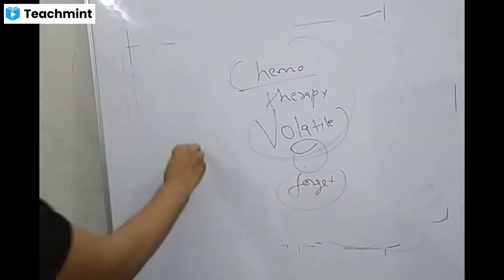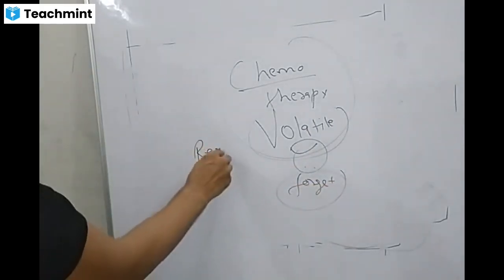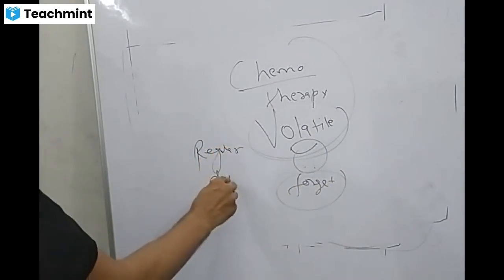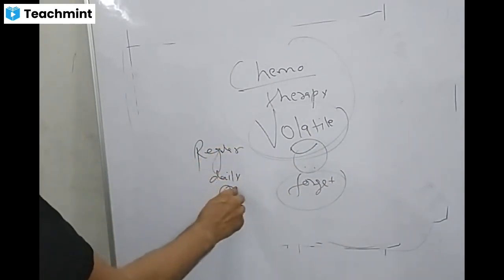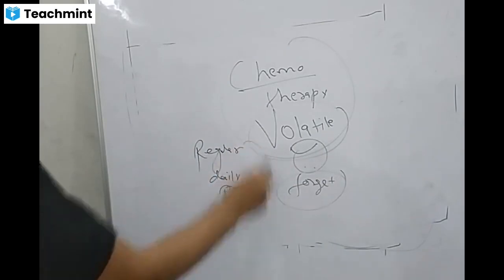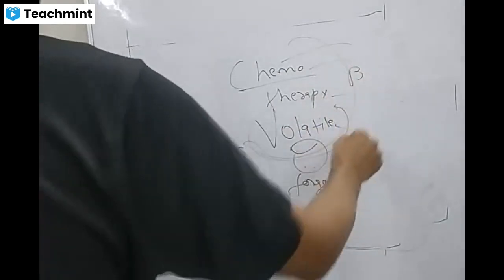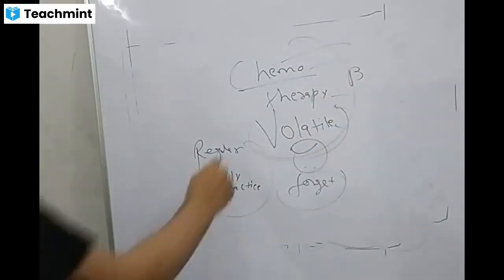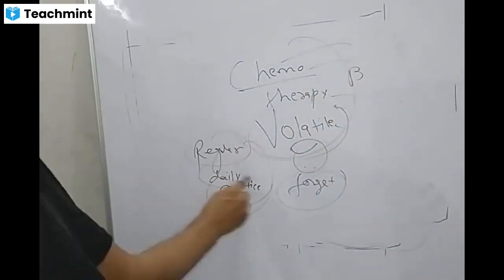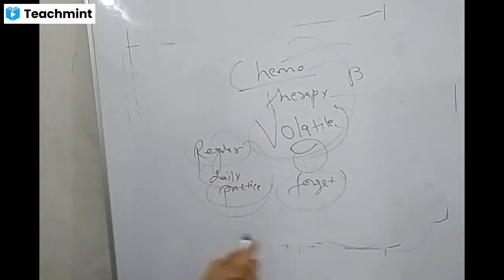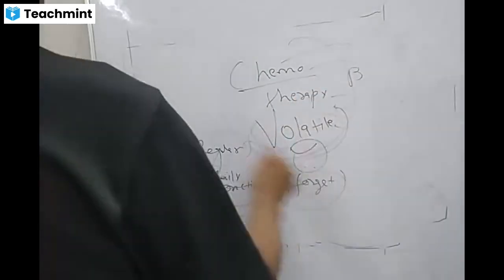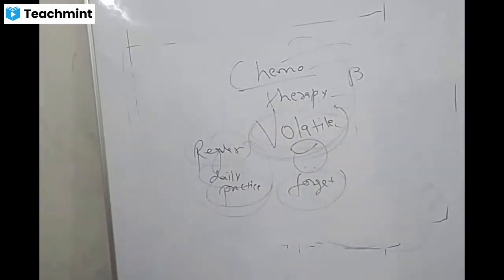So the formula to remember chemotherapy is regular daily practice. This is just like mathematics. If you remember the classification of beta lactams today, next day you may forget. If you regularly read these examples, you will remember. Otherwise, chemotherapy is the most volatile in pharmacology.